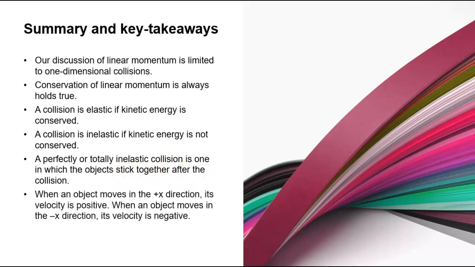When an object moves in the positive x direction, velocity is positive. When an object moves in the negative x direction, the velocity is negative. So you are now well prepared to work on your homework, conservation of energy problems.